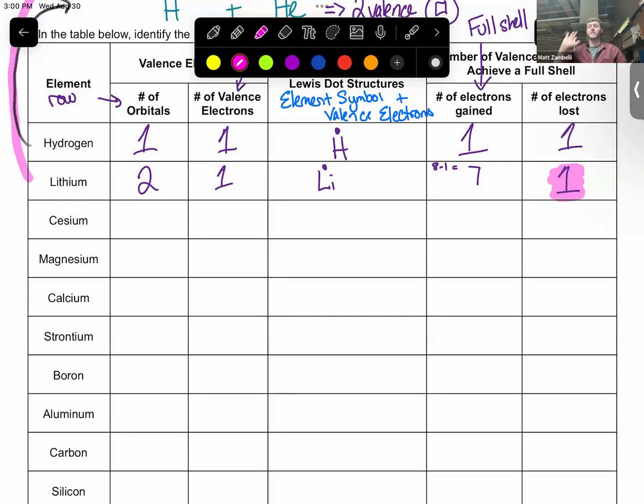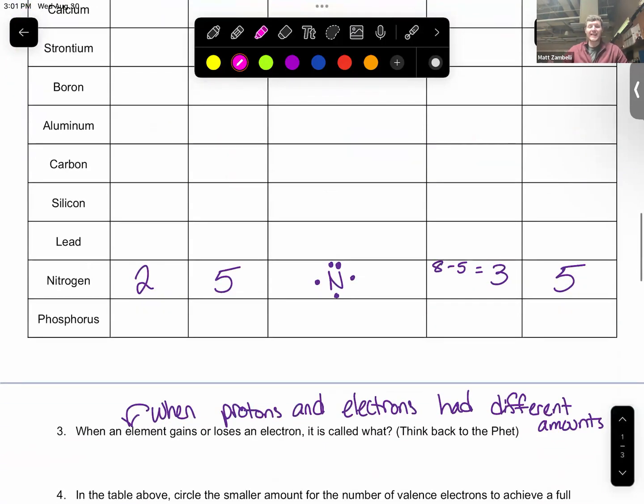So lithium would lose electrons because it doesn't need that 1. It'd rather have an empty shell than have 1 in it, because it'd rather have none than just 1 that's kind of dragging it along and holding it back from doing all its good things, like being those batteries we were talking about. We look at nitrogen though, nitrogen's the opposite effect, right? Nitrogen only needs to find 3 elements to take electrons from, but it has to find 5 different elements to give its electrons away.